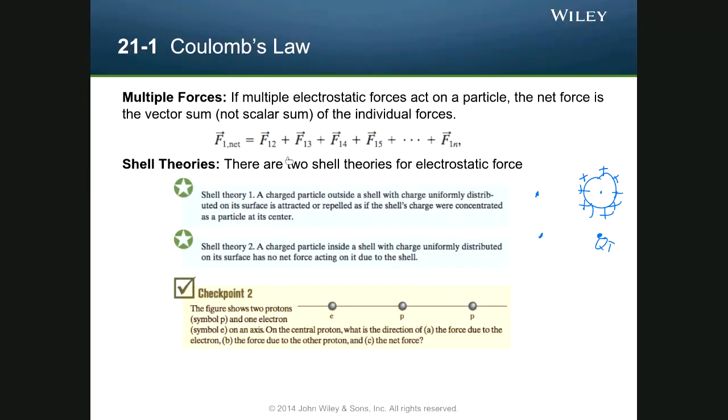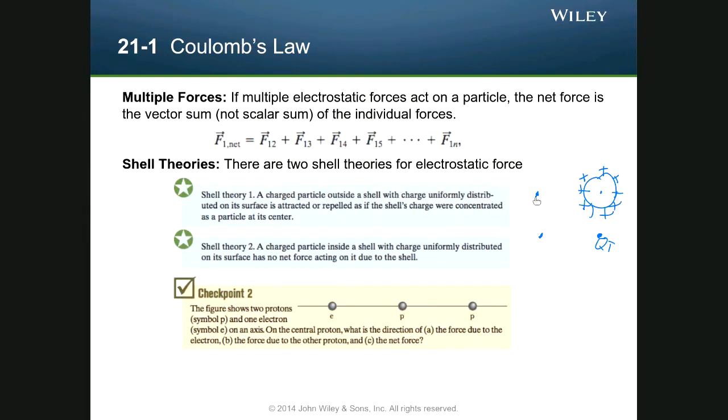Okay, so the shell theory is this idea that imagine that you have this conductive shell where charged particles live on the surface. As you can see, I'm moving around. These are all pluses. I forgot to cross this one, but I hope you get the idea here. And you have a charged particle outside. So these particles can have a force between them.